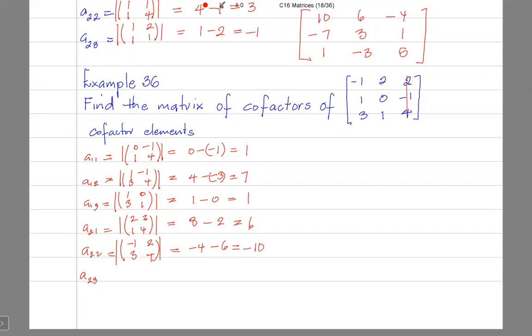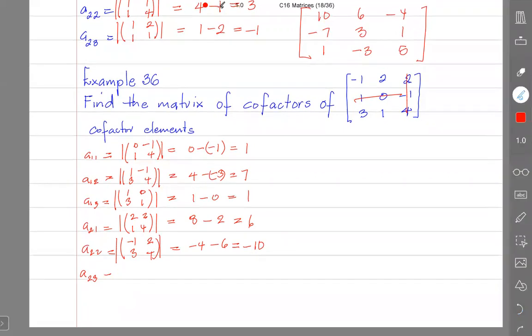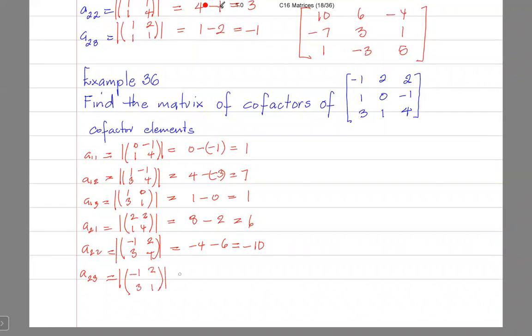All right, this one here is going to be the determinant of minus 1, 2, 3, 1, minus 1 minus 6, which is minus 7.